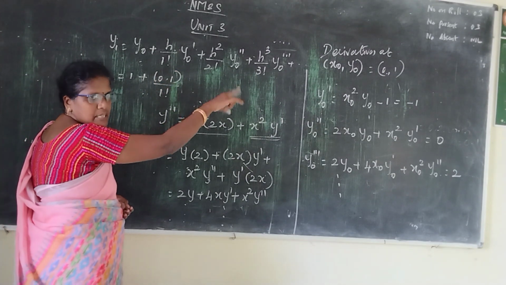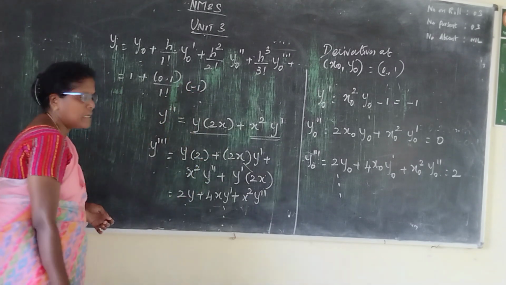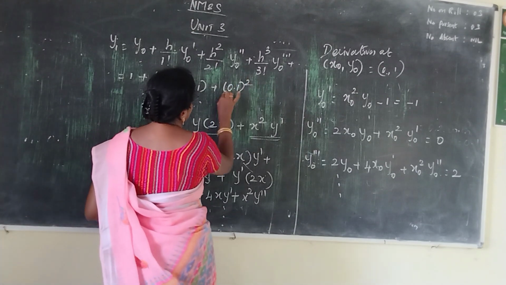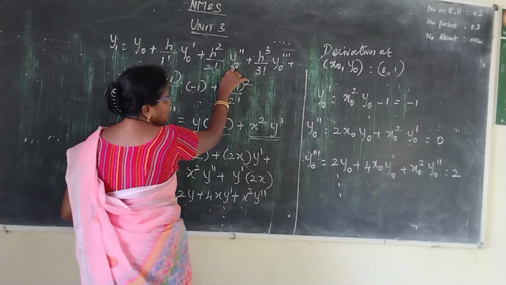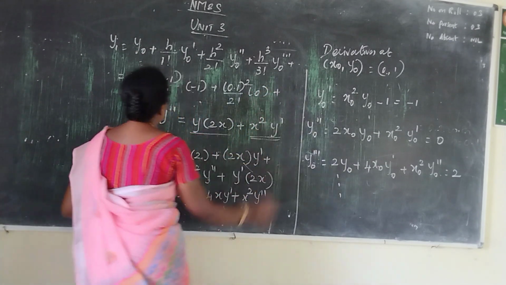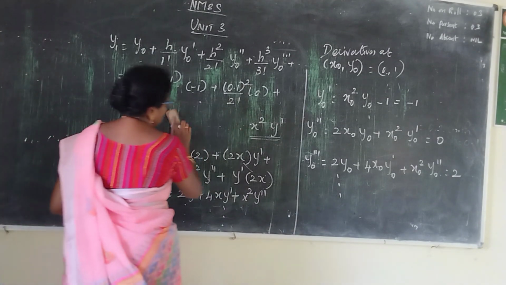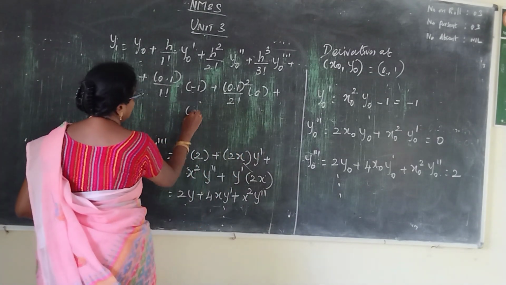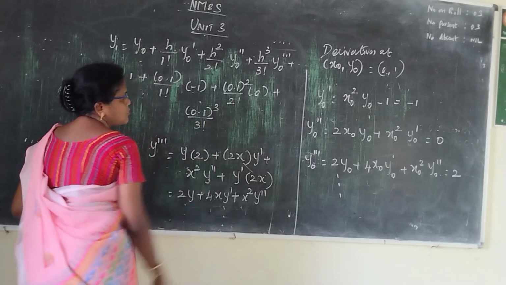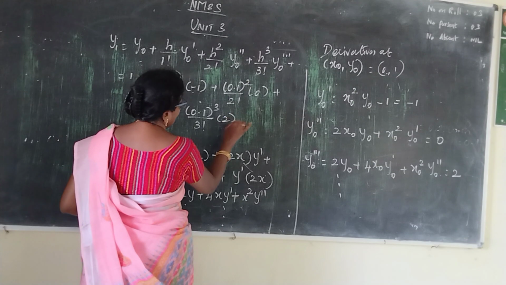That will have in a second column. y0 dash is minus 1 plus h square, 0.1 the whole square by 2 factorial into y0 double dash. y0 double dash is 0 plus h cube by 3 factorial, 0.1 the whole cube, divided by 3 factorial into the third derivative. Third derivative is 2 plus etc.